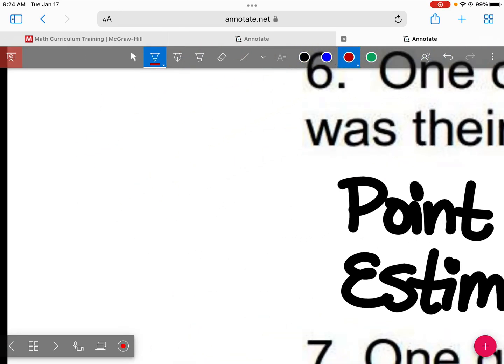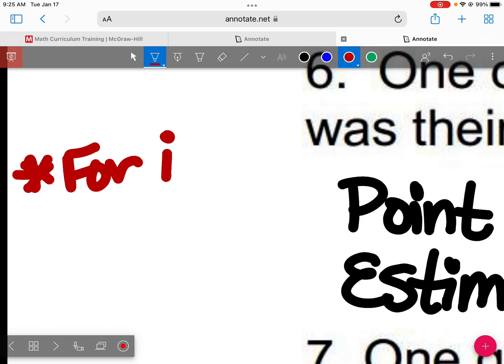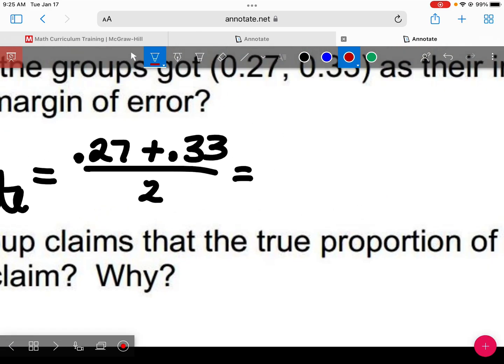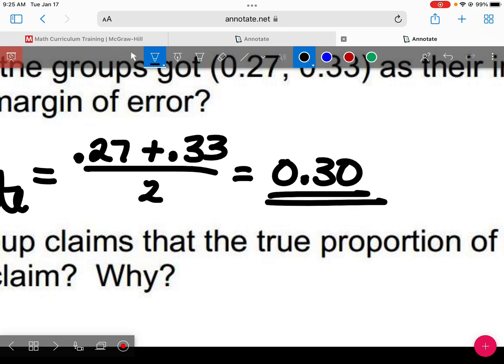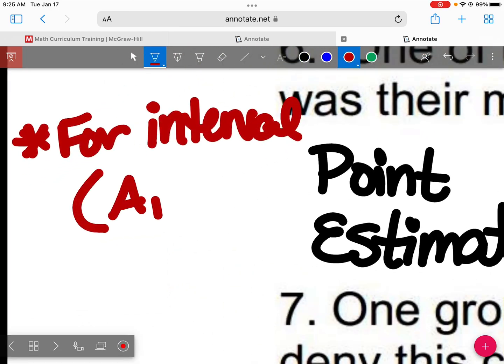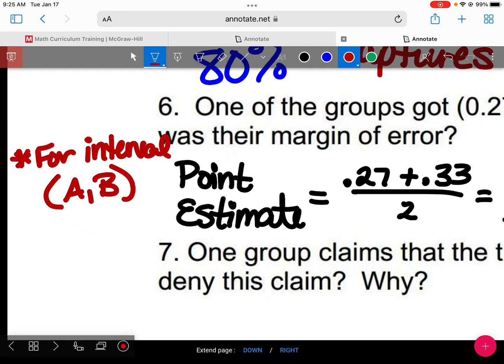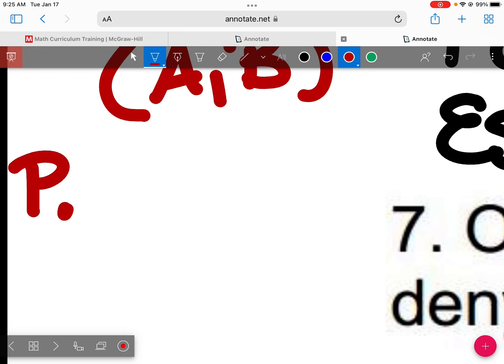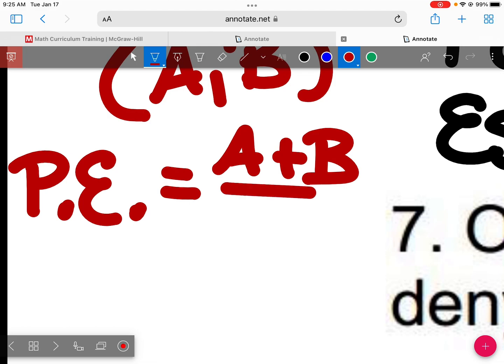Go ahead and pop that into your calculator and tell me what you get. 0.3. So they got 30%. For the interval A, B, if I want the point estimate, I'm going to add A and B together and cut it in half.